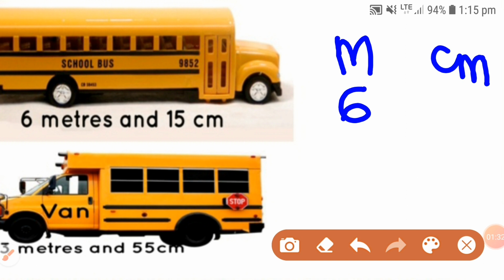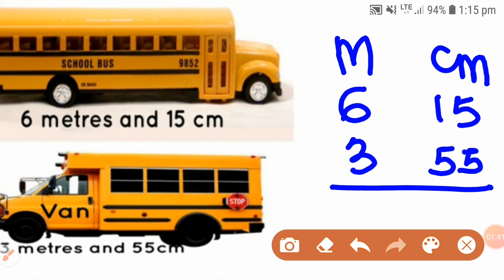Write 6 here, 15 here, write 3 here, 55 here, then rule your line for subtraction. It is very difficult to remove 55 from 15, so we're going to borrow 1 meter, which is 100 centimeters. Before we do that, let's start from the side of 5, since that one is still possible.